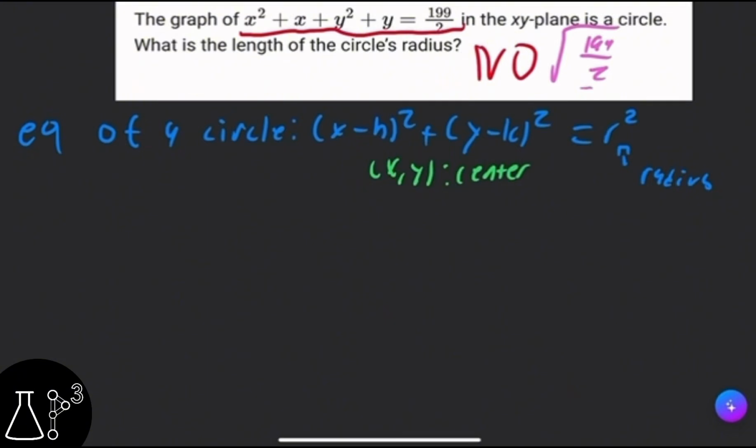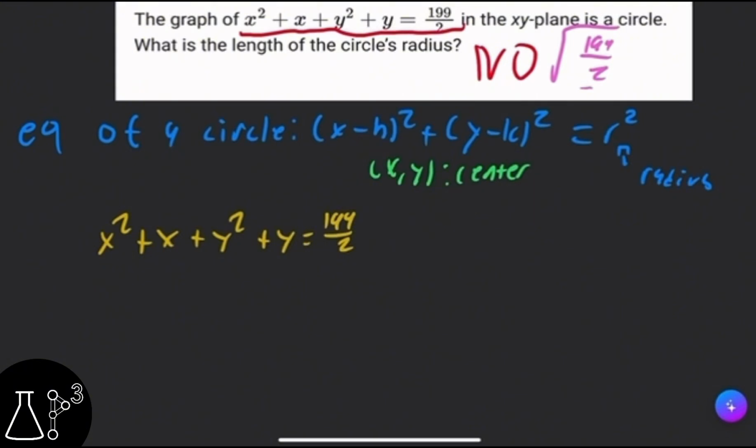So what are we given then? We're given the equation x squared plus x plus y squared plus y equals 199 divided by 2. Now you want to look for the perfect square, or parentheses, version of x squared and y squared. So an (x minus h) squared plus (y minus k) squared.